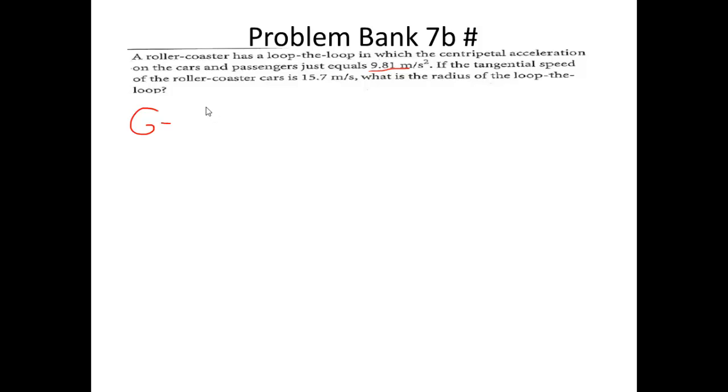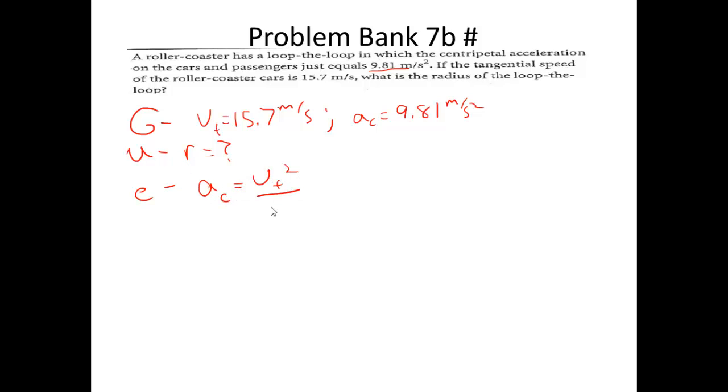So we are given v sub t is equal to 15.7 meters per second. We are given centripetal acceleration at 9.81 meters per second squared. Our unknown is the radius. Our equation is going to be a sub c is equal to v sub t squared over r.